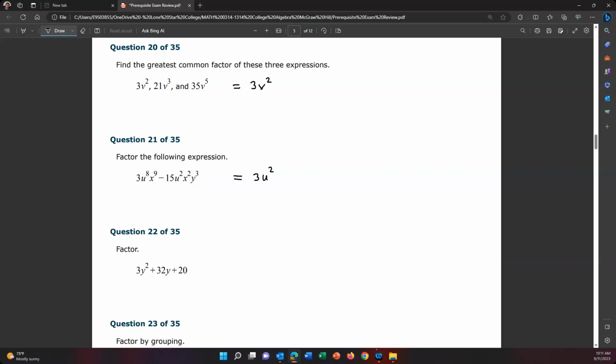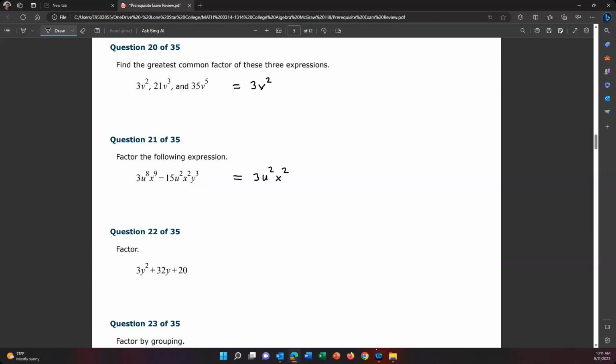It seems like they also have in common the letter x, and we take the smallest power. We see a square versus a ninth. We take the square exponent. But what about the y? Oh, this term does not have a y, but this one does. So it is not common in both, okay?